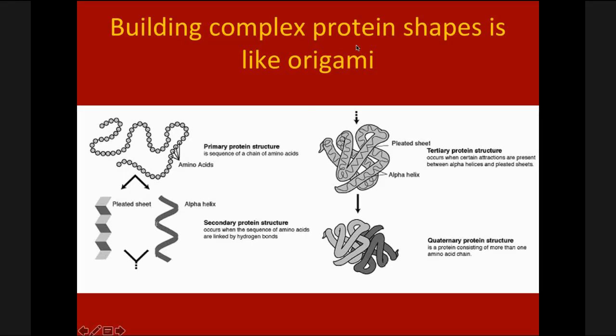The primary structure is critical. The order of amino acids is going to determine how the protein folds. If you get the sequence wrong, your protein is not going to fold properly. And remember, if your protein can't fold properly, it cannot function. Big problems can happen. So primary structure is the order of the amino acids in a strand.